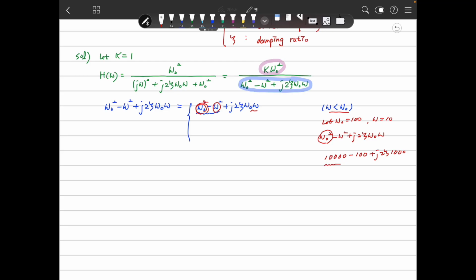So it's quite a big value, but this term is very small compared to it. Why? Because this is a square. So we can ignore it, because omega 0 square is quite a big value.